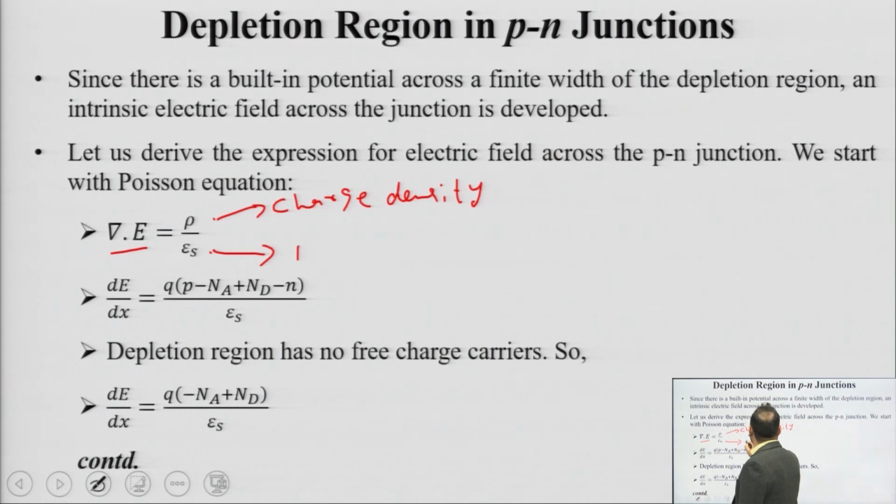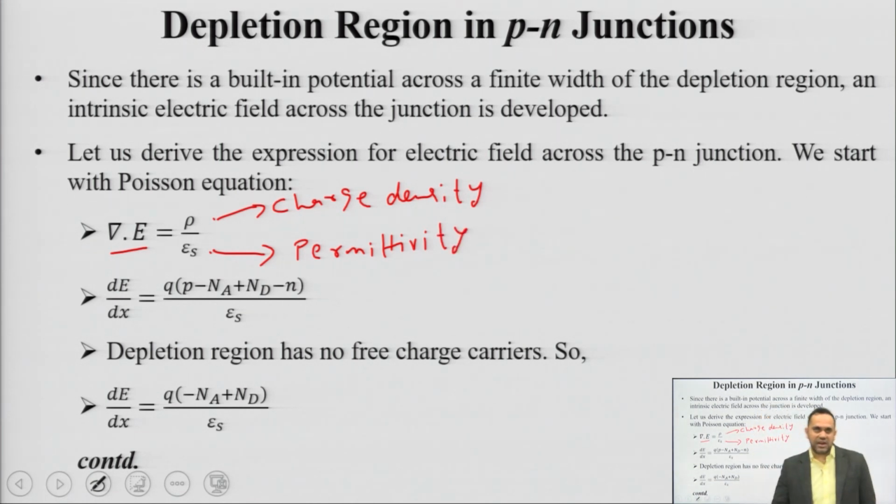Epsilon is your permittivity, medium dependent. So, if you are going for a silicon diode or a silicon p-n junction, you would use the dielectric constant of silicon multiplied by permittivity of free space. Del operator is nothing but the d by dx operator. So, I can write dE by dx. Charge density is q times doping or concentration.